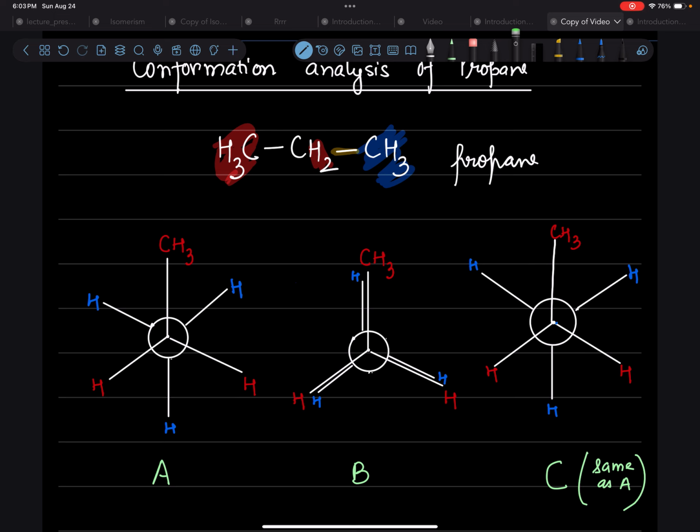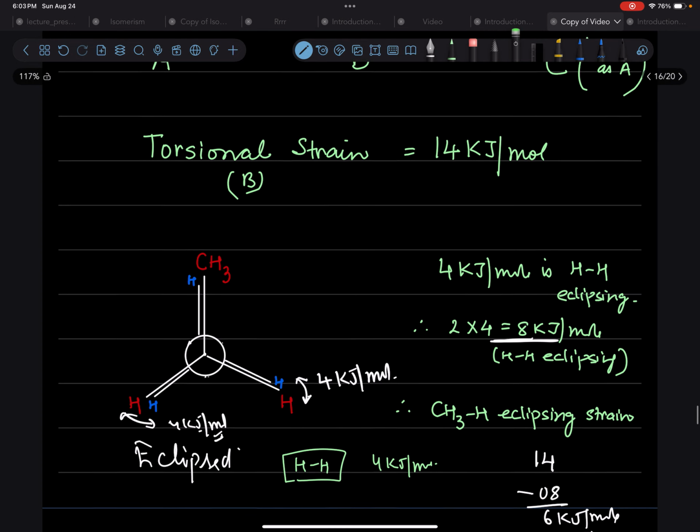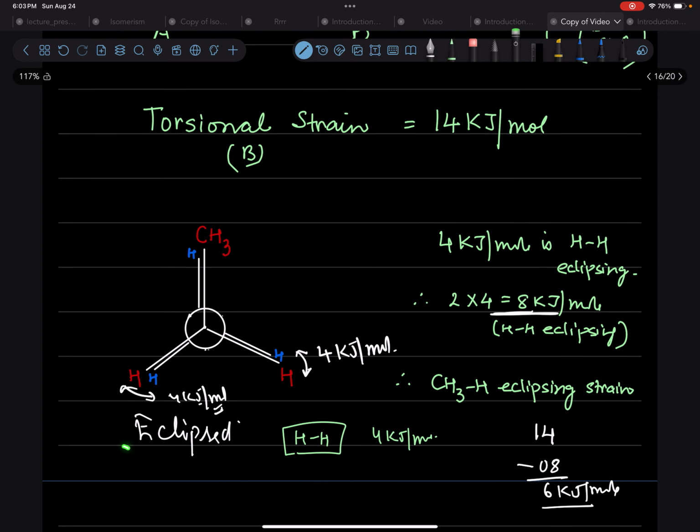Or we can say that the energy of the eclipsed conformation is higher by 14 kilojoules per mole. Now, this is the eclipsed conformation, and we already know that because of the hydrogen-hydrogen eclipsing interactions, the energy of the system increases by 4 kilojoules per mole. Experimentally, we have found that the energy of the system has increased by 14 kilojoules per mole, of which hydrogen-hydrogen eclipsing accounts for 8 kilojoules per mole.